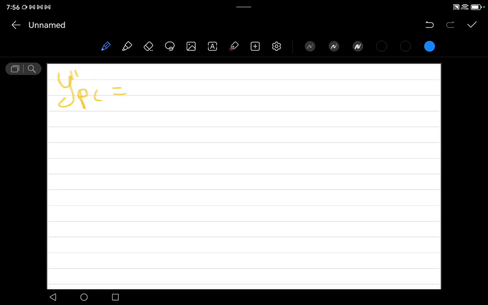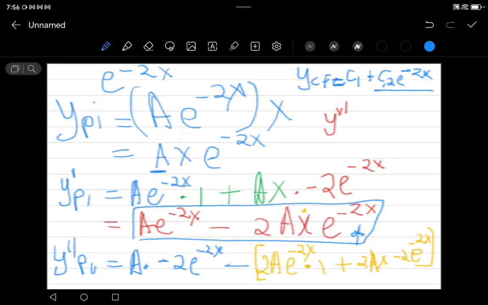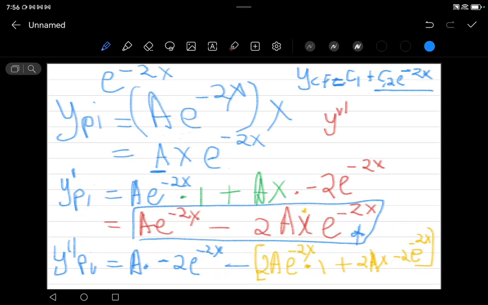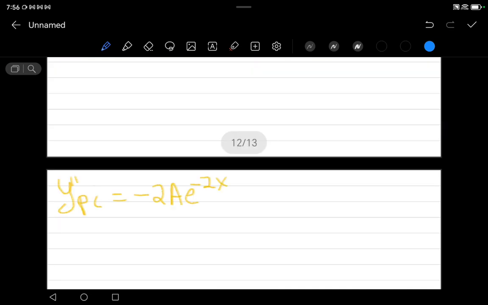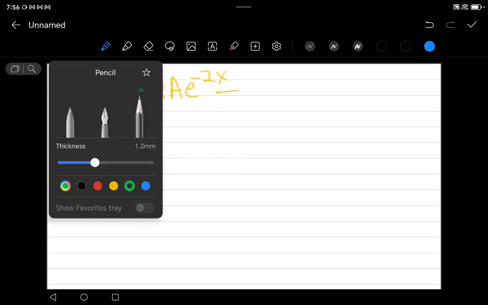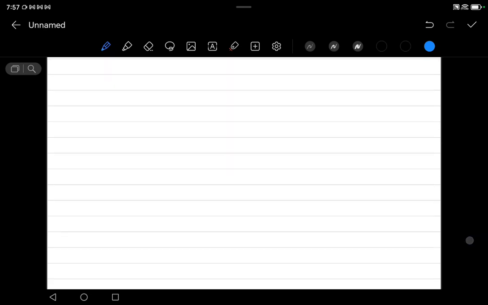it is going to be negative 2ae to the power of negative 2x. So it's going to be negative 2ae to the power of negative 2x, and then here we're going to have negative times this, going to be negative 2ae to the power of negative 2x. So minus, this one is the one that was inside the bracket, and then we're multiplying. It's going to be minus 2ae to the power of negative 2x, and then let's continue.